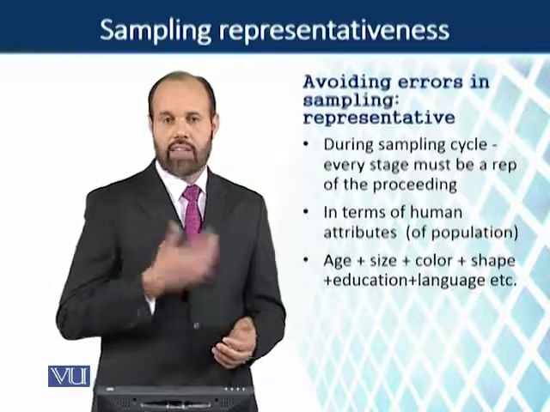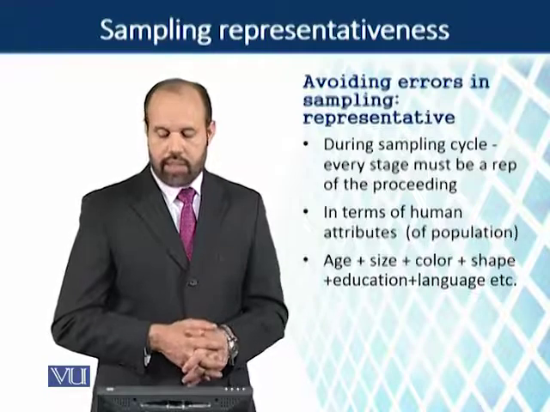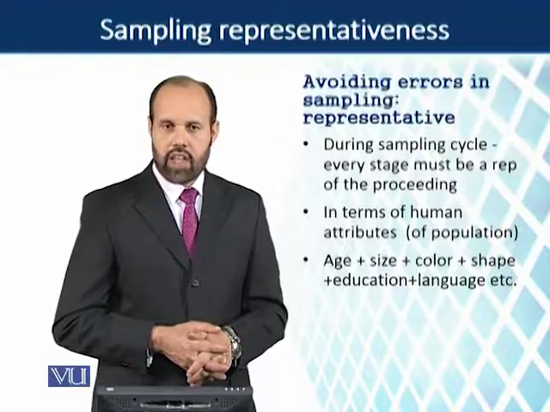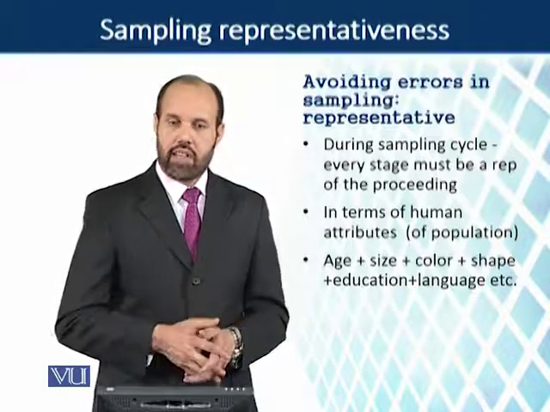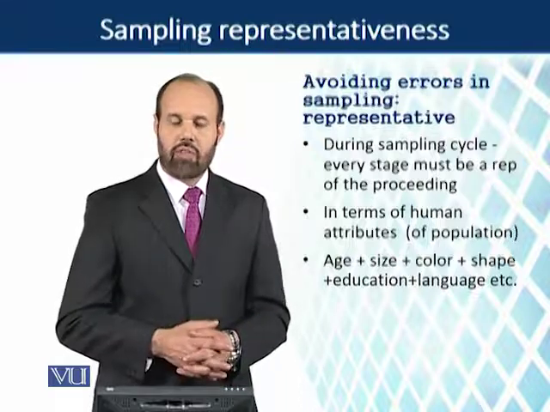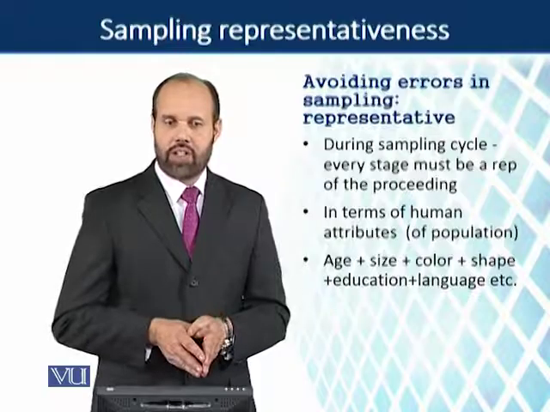So it is not undersized, or more than the required size. And similarly, we must take care of color, shape, education, linguistic background, geographical background, or whatever is the point of discussion or exploration in the study.